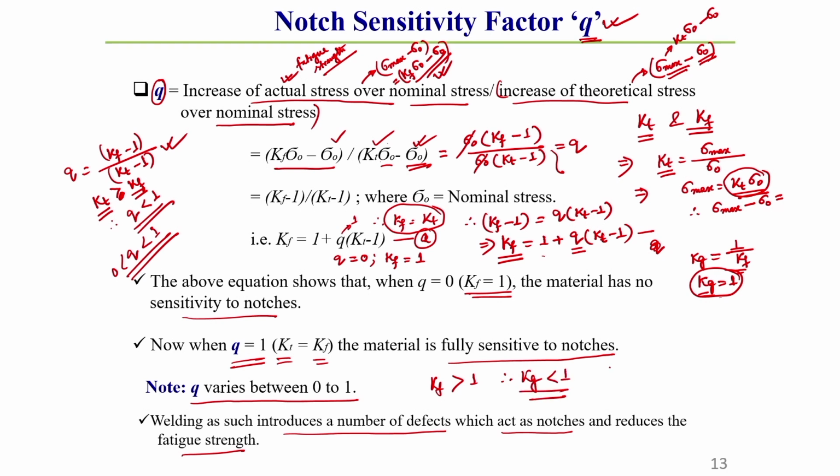Now, you know this endurance strength is generally proportional to this Kg. So as this Kg value is less than 1, the endurance strength will be reduced depending upon this Kg value factor, understand.